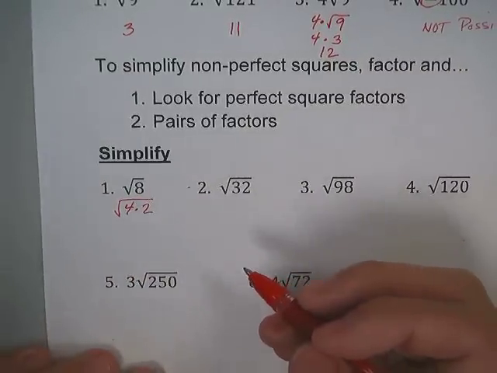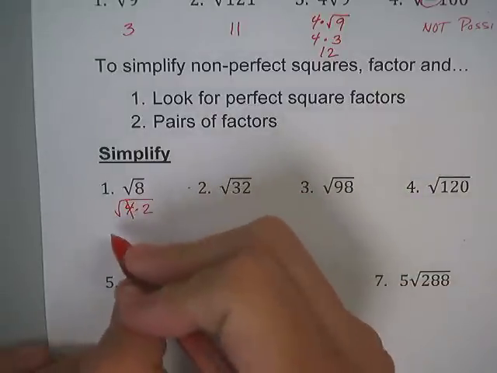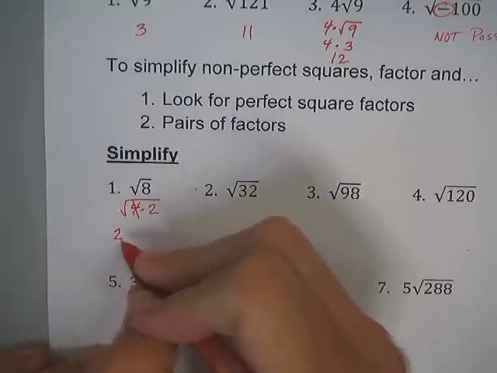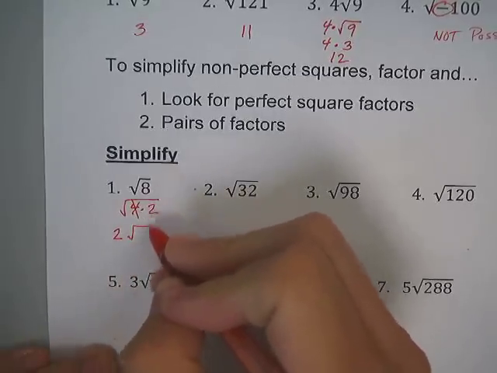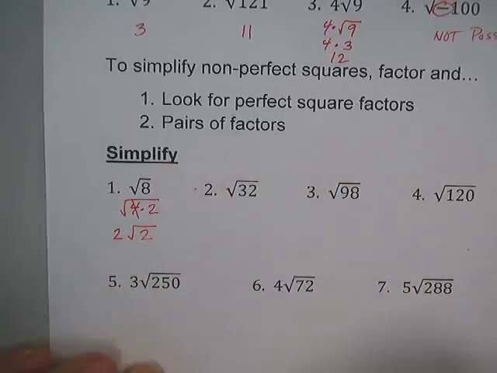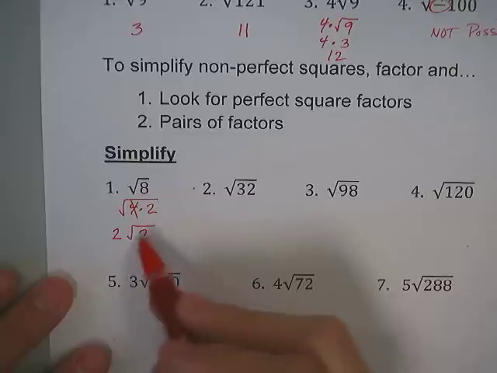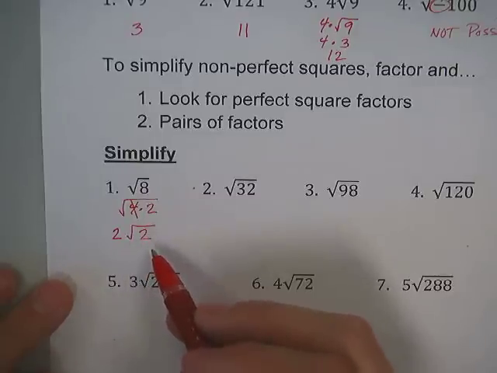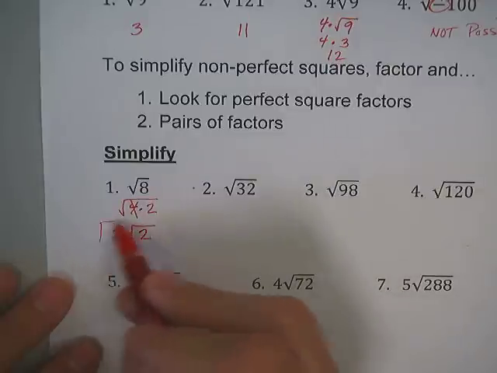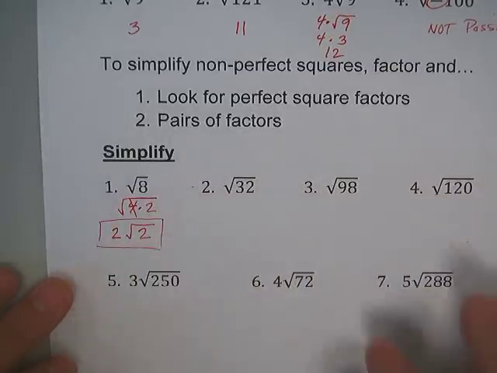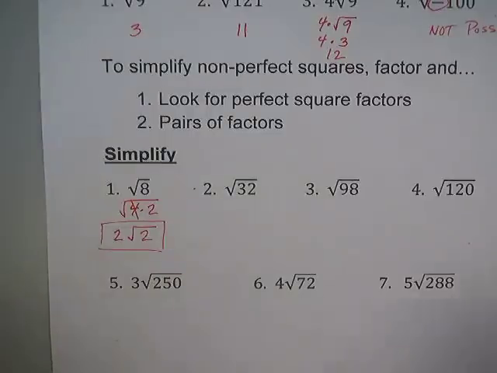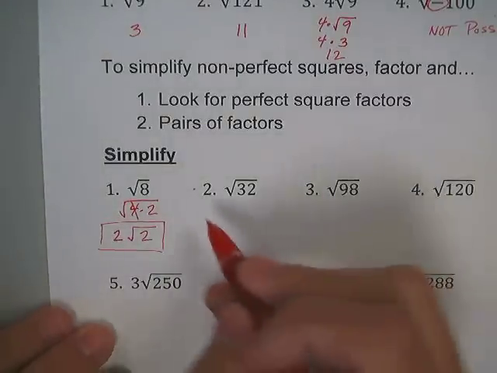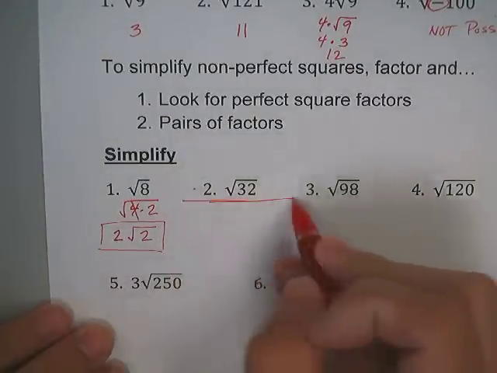So for instance, here I've got the square root of 4 times 2. 4 is a perfect square, and I know the square root of 4 is 2, so I will simply take the square root of that, and that goes on the outside, and we have this 2 left on the inside. Okay, can I do anything with that? Can I factor it more? Nope, so therefore I'm done. So square root of 8 is equal to 2 root 2. Simple as that.